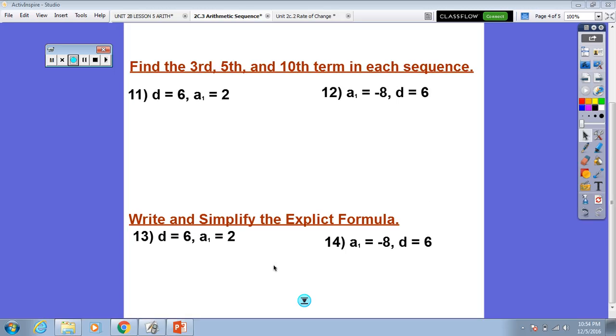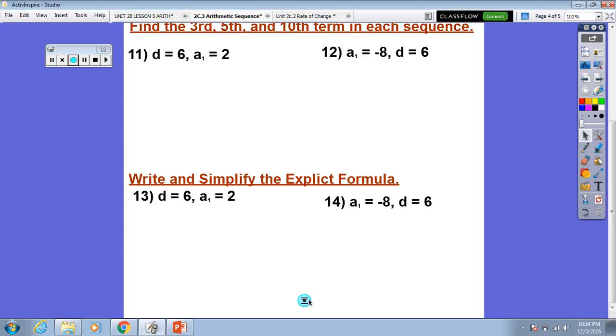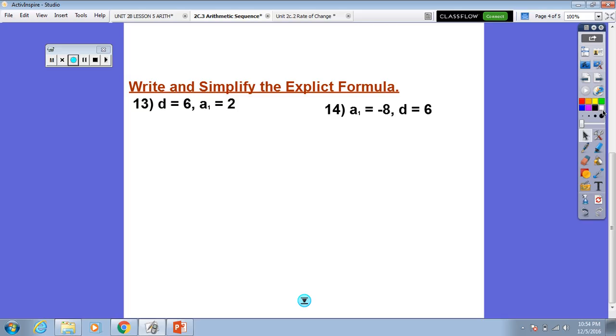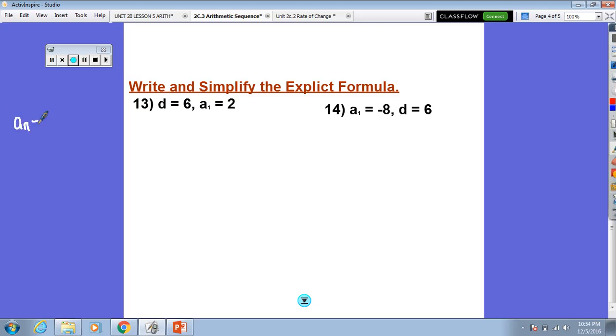So this one asks us to write and simplify the explicit formula. Now I'm going to write my generic explicit formula over here. So we know it is a sub n equals the first number plus the pattern number times n minus 1.